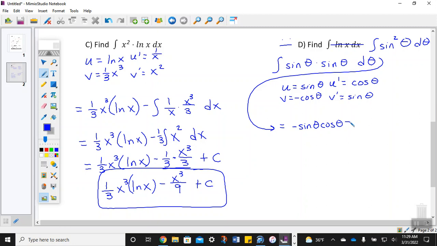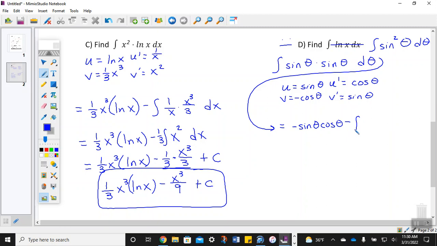I think we picked a doozy. U prime times what? U prime times v. Oh boy, I don't know if I wanna do it this way. Okay. So this is minus the integral of what?